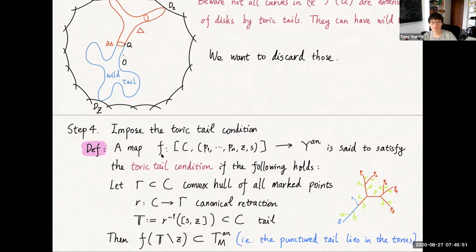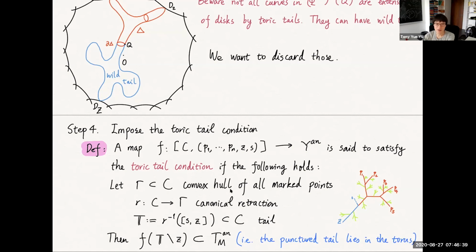Definition: a map F from a rational curve with n plus 2 marked points to the analytification of Y is said to satisfy the toric tail condition if the following holds. So a non-Archimedean analytic rational curve, as the underlying topological space of a non-Archimedean rational curve, is an infinite tree. And we have some marked points on the infinite tree.